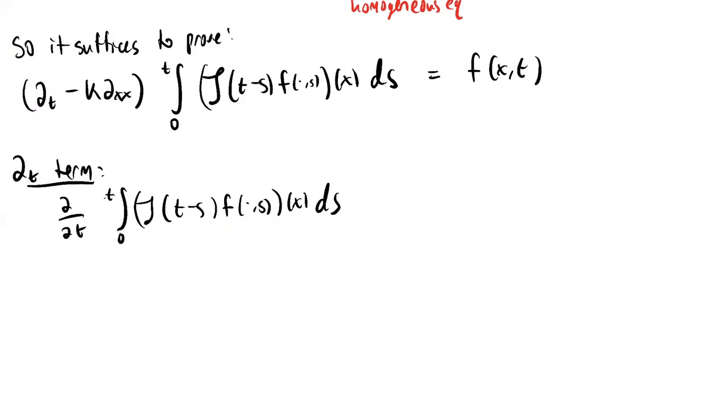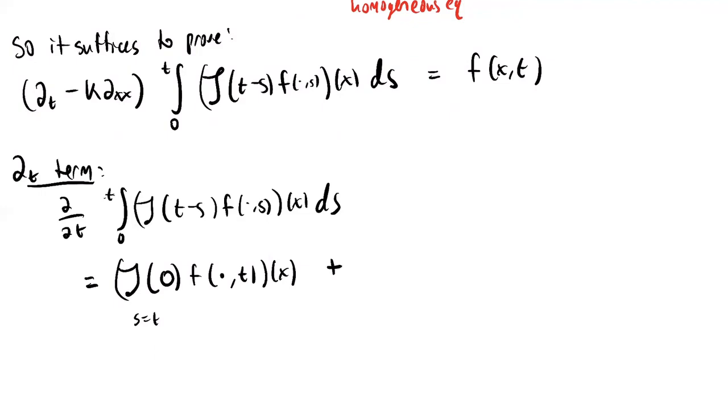And so we have to just use the simple application of the chain rule to find this derivative. And so it's going to be a sum of two terms. The first term is just going to be when you plug in t for s, so this is just using the fundamental theorem of calculus. And so from the first term, you get the solution operator when s is equal to t, so I get the solution operator at time 0 applied to f, with s equal to t, at x.